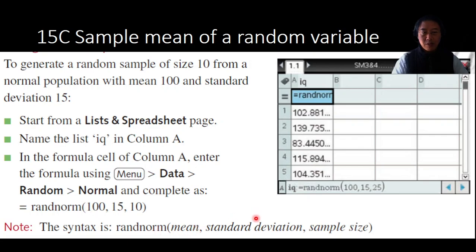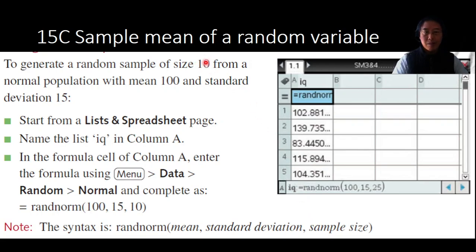It follows a series of values: the mean and standard deviation of your original random variable. So here we're talking about the IQ. The mean is 100, standard deviation is 15, and then we specify the sample size. That's a 10 here, and now I put a 25, and then we will fill down.